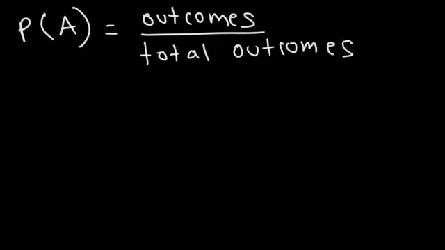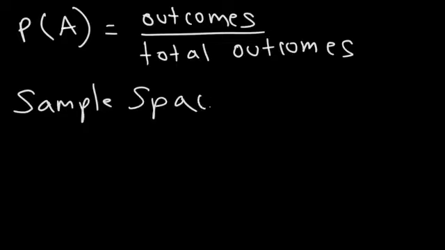Now, before we go over some examples that talk about how to calculate probability, we need to talk about something called sample space. So what is sample space? The sample space is basically the set of all possible outcomes that can occur.